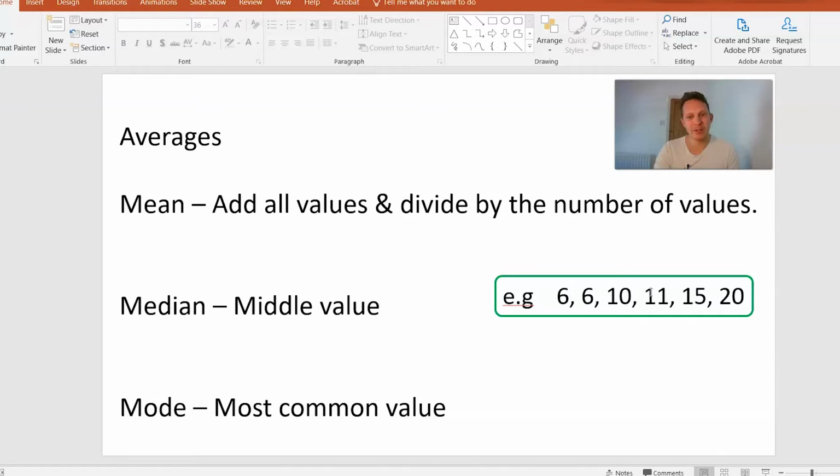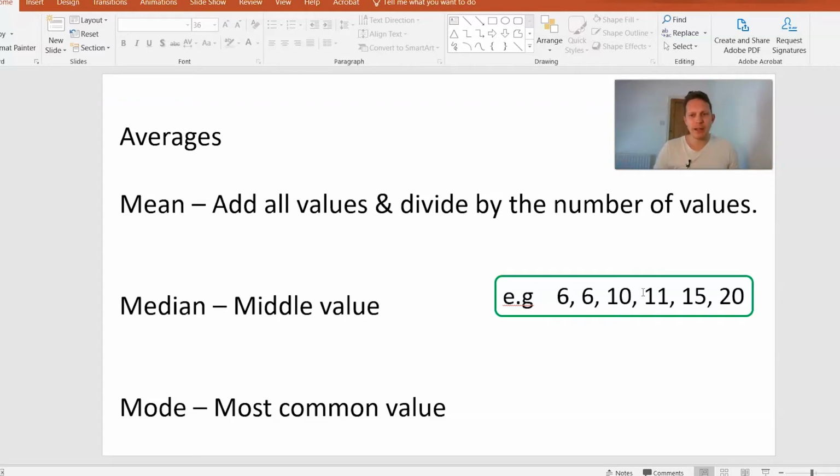I can either add those together and then divide by 2, so 10 plus 11 is 21, divide that by 2, I get 10.5, or I can just see what's in the middle. If they're right next to each other, it's quite easy to do as well. So median, the middle value, is really good at finding the average without having any extremes at either end.